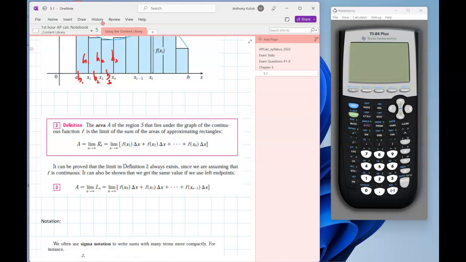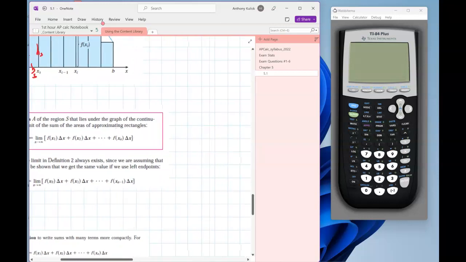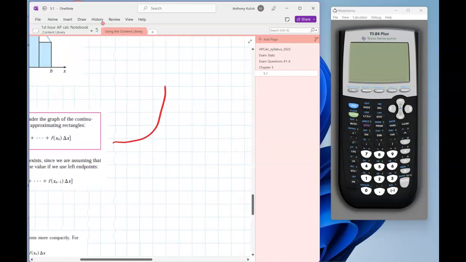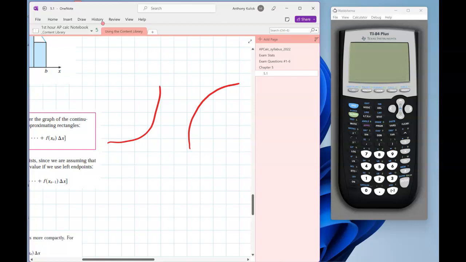When would it be an underestimate? It was always an overestimate, but x was always moving in one direction. Yeah, it's the concavity, right?